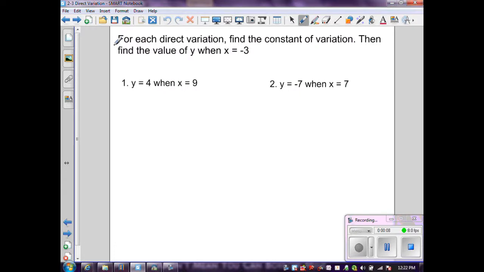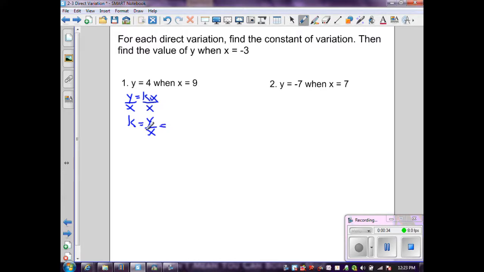For our next example, they want us to determine for each direct variation, find the constant of variation, then find the value of y when x equals a negative 3. From previous slides, we know that y equals kx, and therefore, if we solve for k, that gives us k equal to y over x.